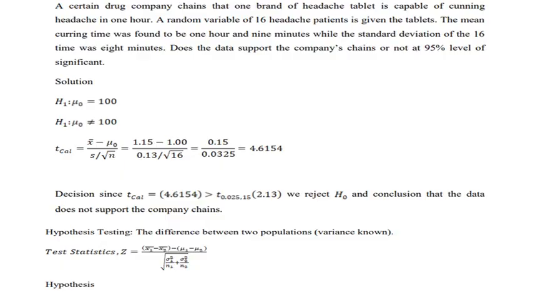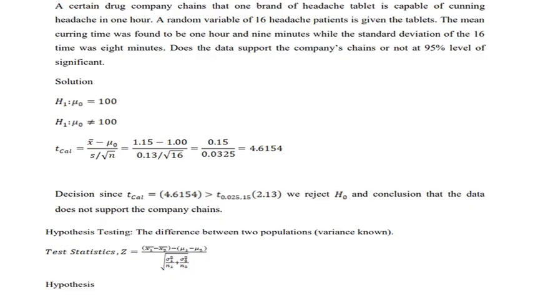A random sample of 16 headache patients is given the tablet. The mean curing time was found to be 1 hour and 9 minutes, while the standard deviation of the 16 times was 8 minutes. Does the data support the company's claim or not at the 95% level of significance? That is our alpha.